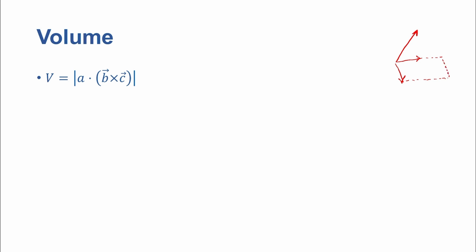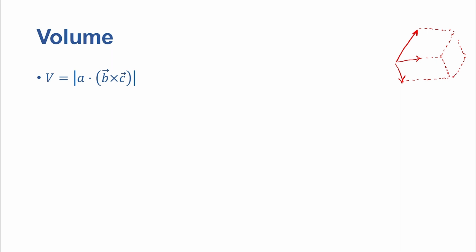So if I have something like this, and I'm extending this a little bit for the sake of our ability to see things here, I will get a parallelepiped like so, or a prism of sorts.